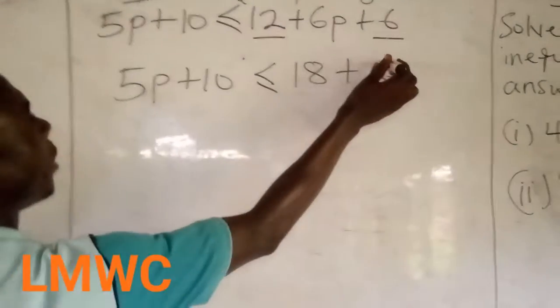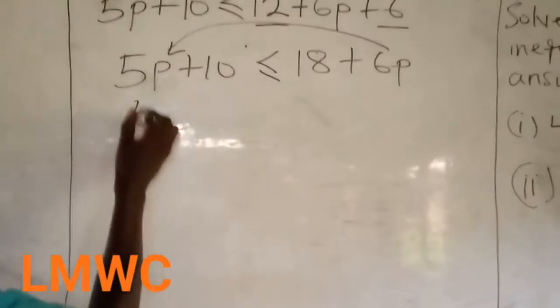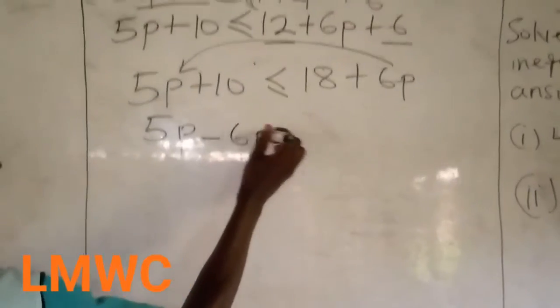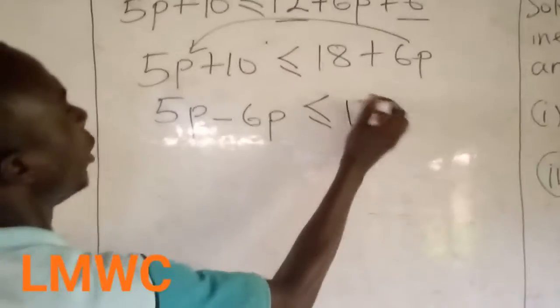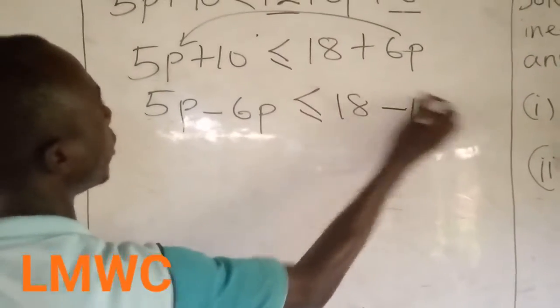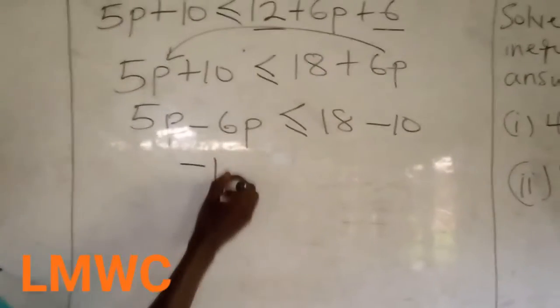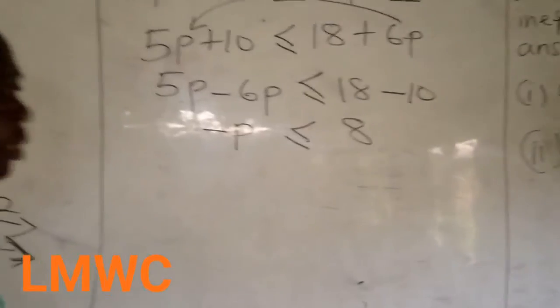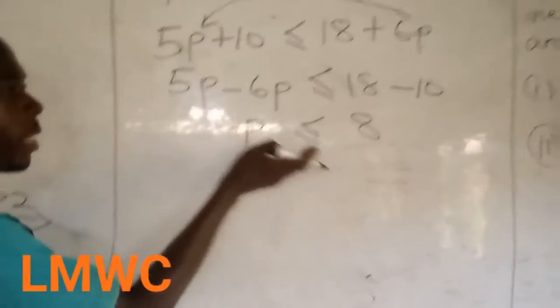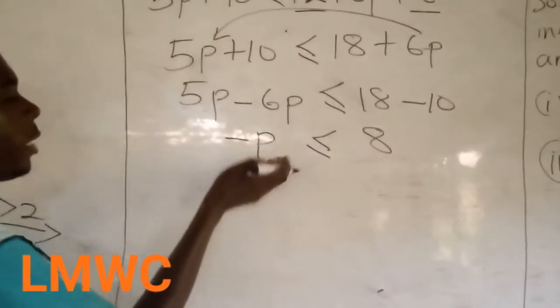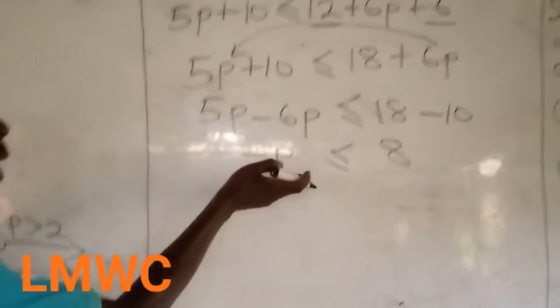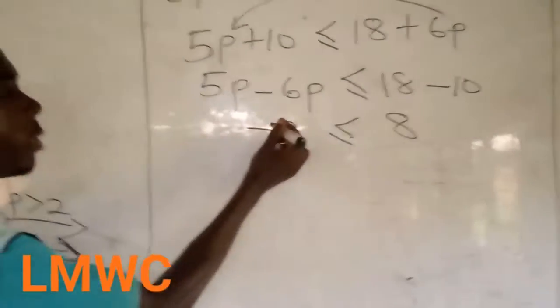We group our like terms by moving this one here. It becomes 5p minus 6p is less than or equal to 18 minus 10. This from this is negative p. So negative p is less than or equal to 8. And anytime we give you a variable like this, the coefficient of the variable is 1.